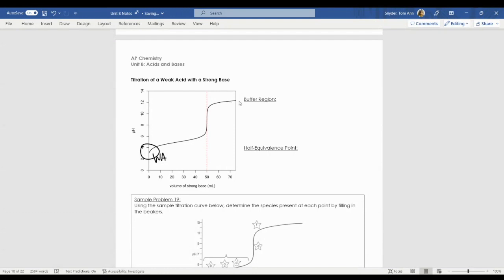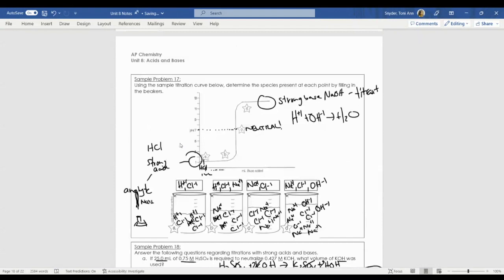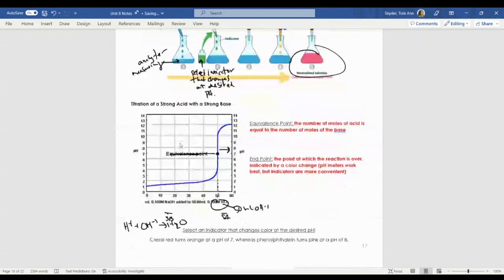And then we'll see that we do have a very nice area where you'll see this buffer region. So as I'm adding strong base, you'll see that the pH is changing, but it's not changing very much as I keep adding. That's my buffer region. So if I look here at this strong acid, I don't have a buffer region.